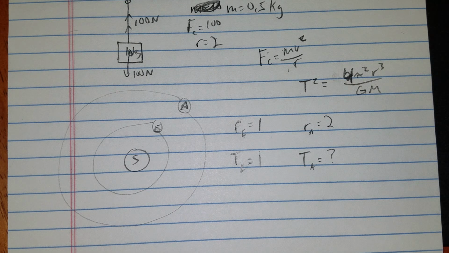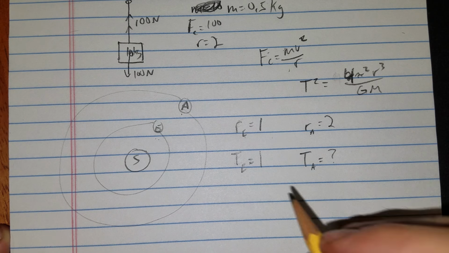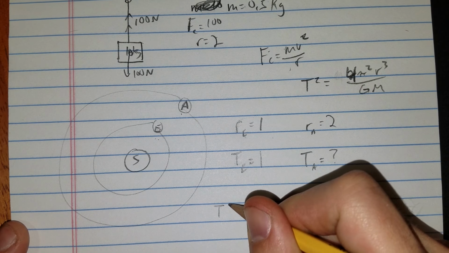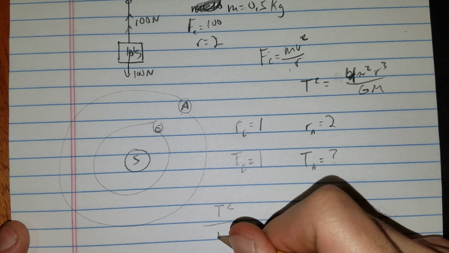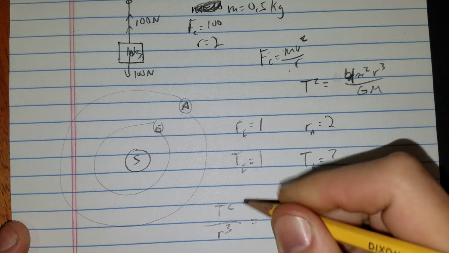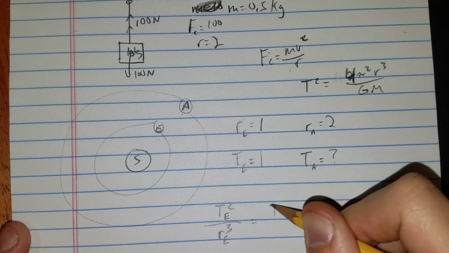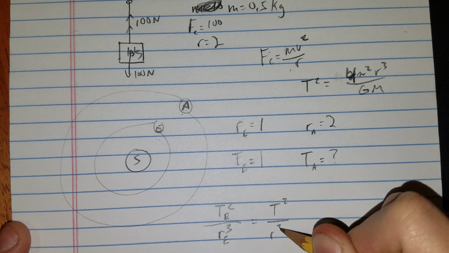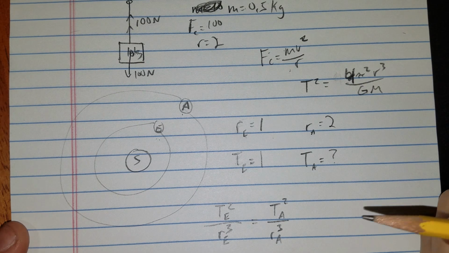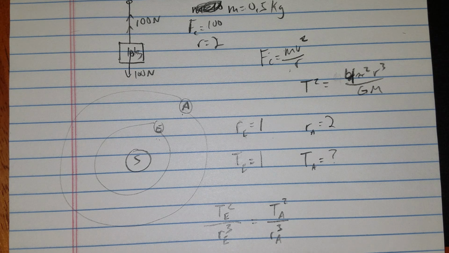Kepler has lots of laws about orbiting bodies, but one of his simple laws, I think it's called the law of orbits, says that if you have 2 bodies that are both orbiting the same thing, then you can set this ratio equal to each other, and then you can solve for the unknown variable.